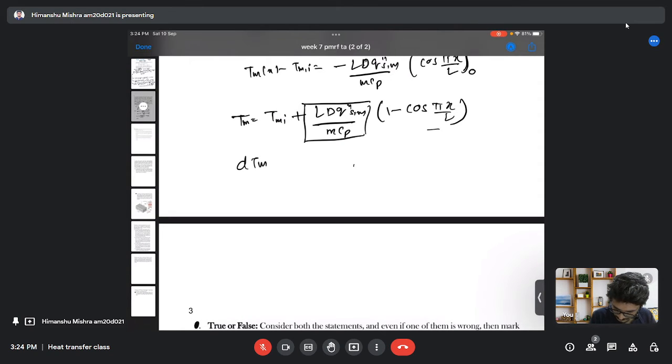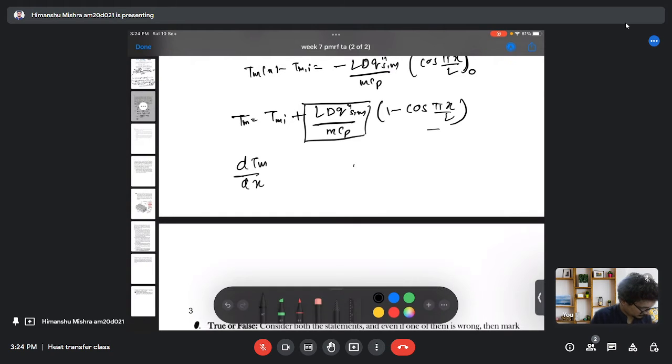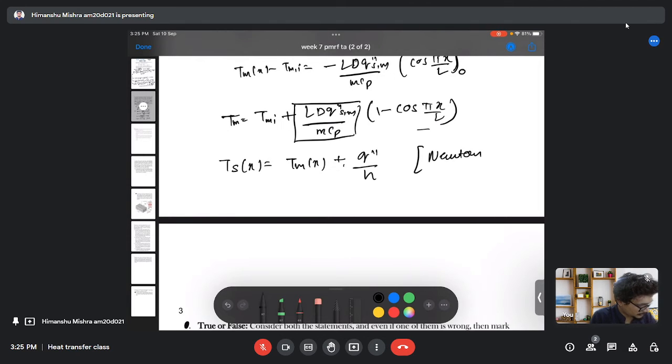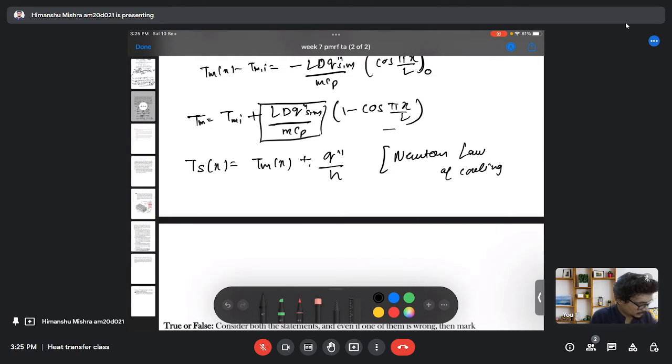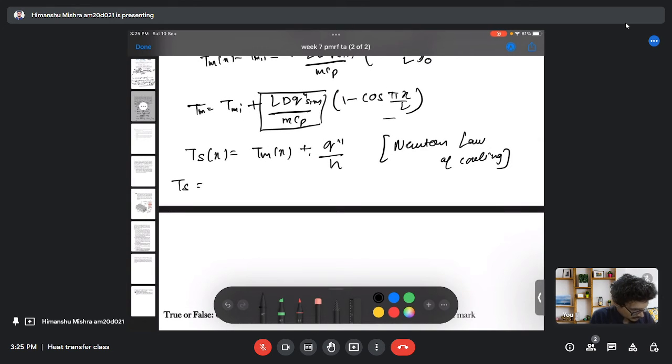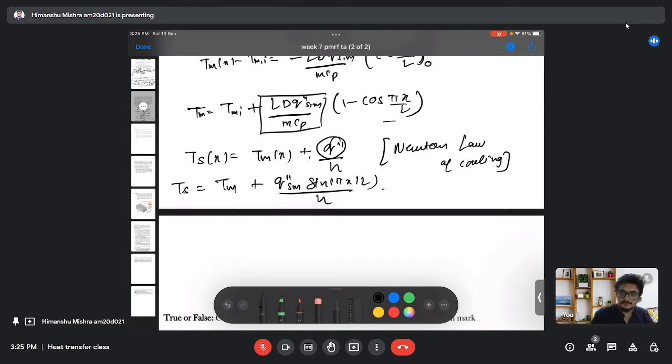Initially we defined, here basically I'm using Newton's law of cooling, to find the surface temperature. So I can put the given expression of heat flux here. So this will be my expression for the surface temperature.